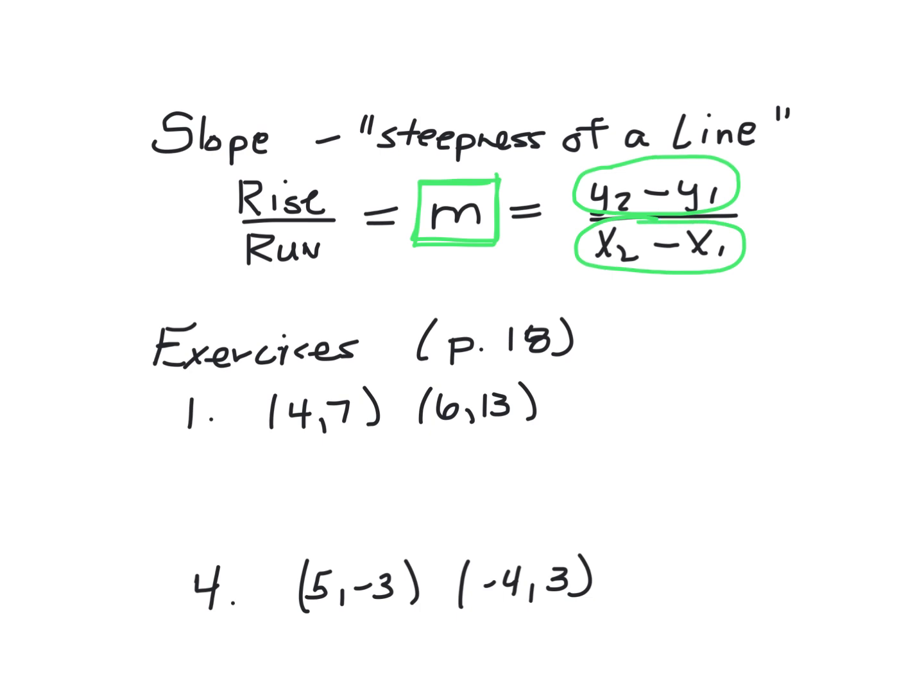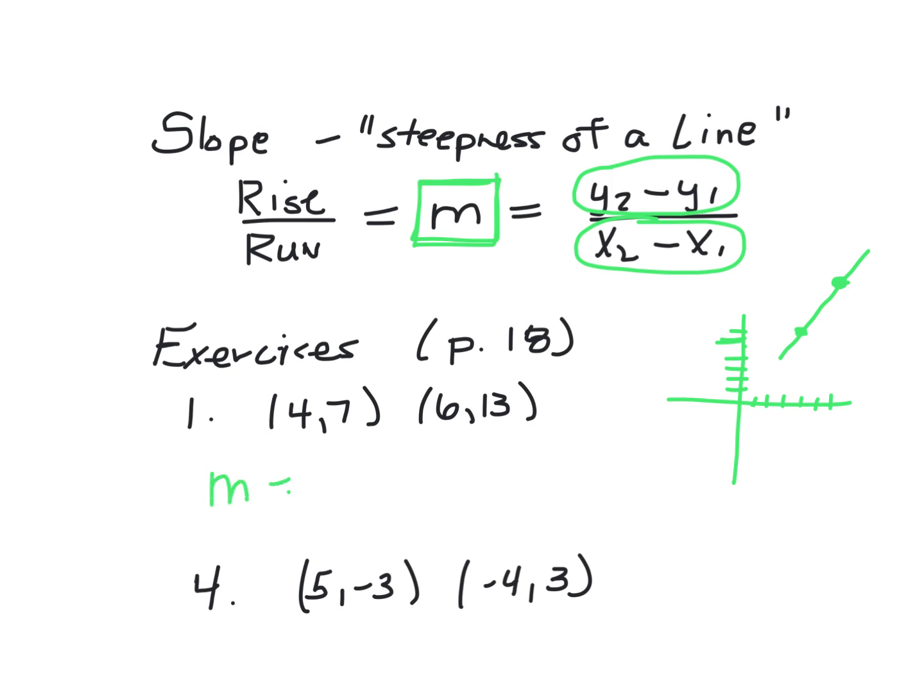The exercise on page 18 asks you to find the slope of a line that goes through these 2 points. So if I have the point (4, 7) and (6, 13), we want to find the slope of this line. Obviously that line is rising from left to right, so it should be a positive slope.